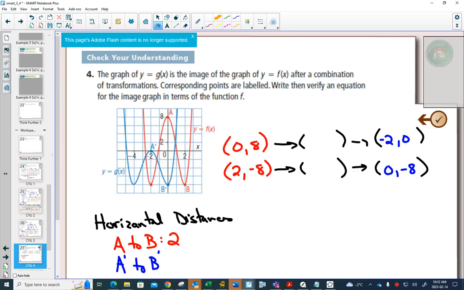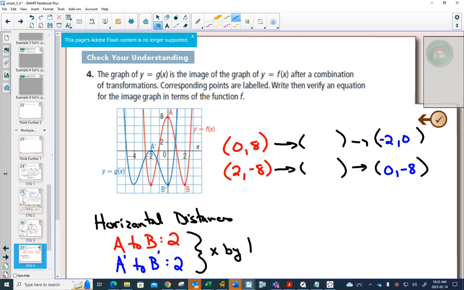From A prime to B prime, I start at -2, I go over to 0, is also 2. Has there been any multiplication? No. Technically, you multiplied x by 1. That won't change anything for multiplying your x values.